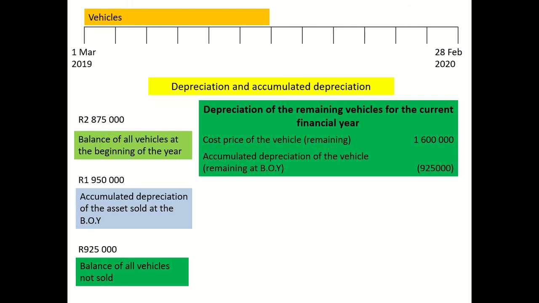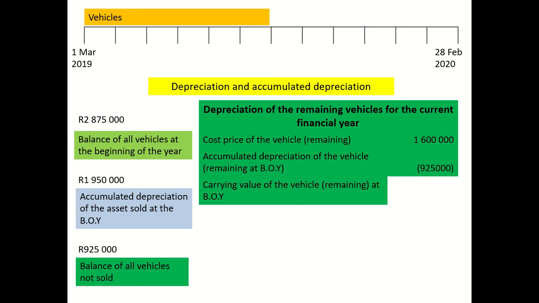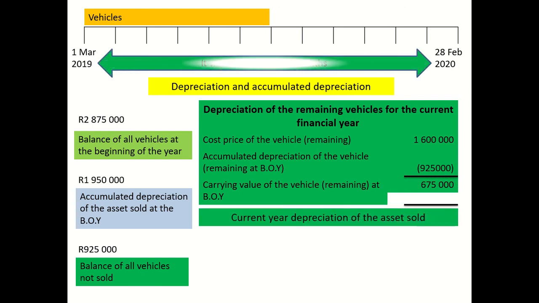Please note that everything here is all about the remaining assets. Carrying value of the remaining assets at the beginning of the year will be 675,000 rand.